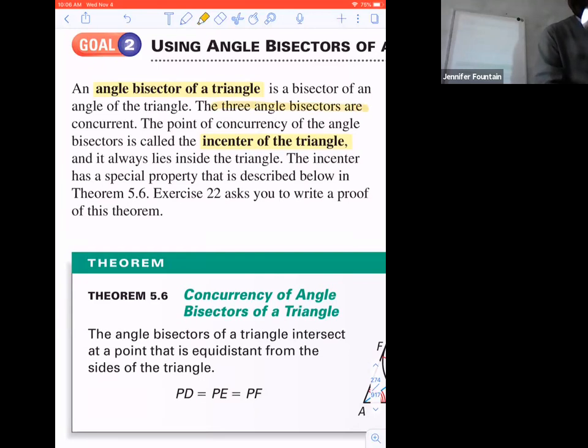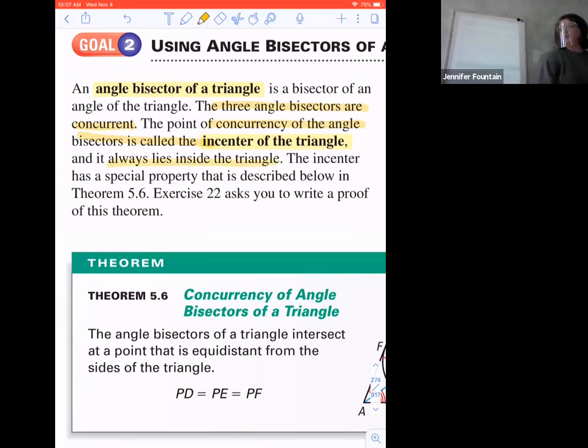There are 3 of them that are concurrent, and the point of concurrency of the angle bisectors. Circumcenter is when I'm bisecting my sides, incenter is when I'm looking at the concurrency of my angles, angle bisectors. Now, the one thing it says here is it always lies inside the triangle, hence the name incenter.